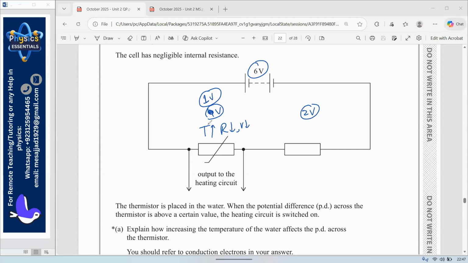Because it is decreased to 1 volt, it cannot remain 2 volts anymore; it has to increase to 5 volts, because whatever the supply is, it has to be consumed equally. So if it is 1 volt here, the other has to turn into 5 volts, so that the total supplied voltage remains the same. This is what is written down there. Hope you understand that.